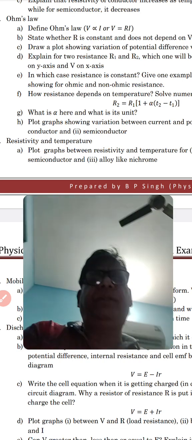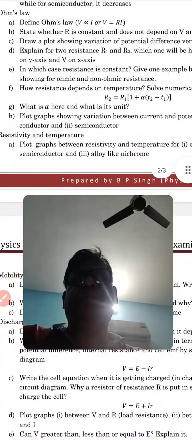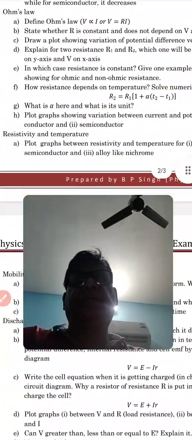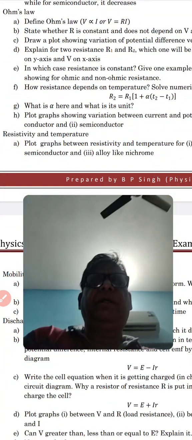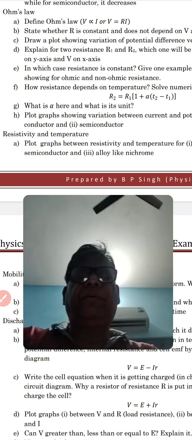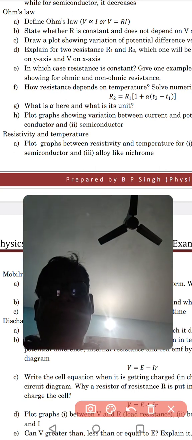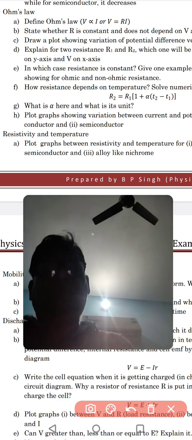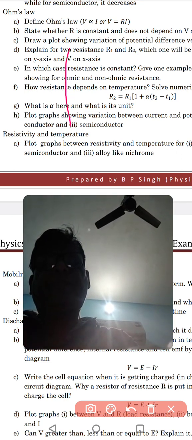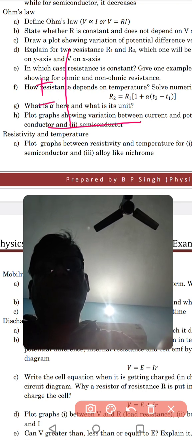Plot the graph showing the variation of current and potential difference for conductor and semiconductor. For semiconductor, the plot between I and V is like this.